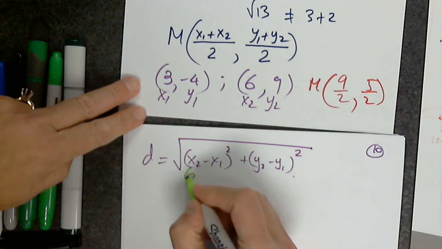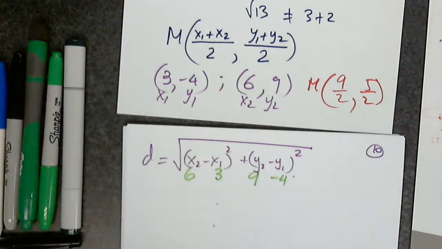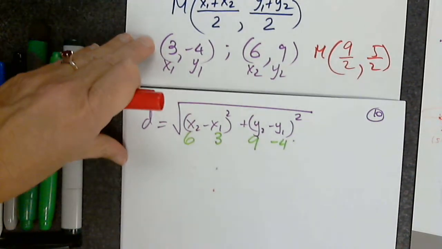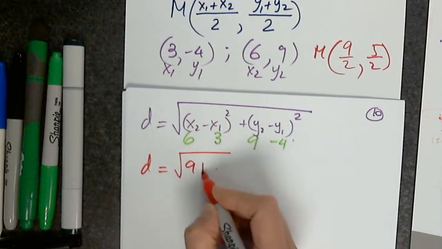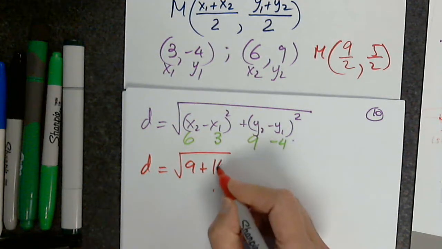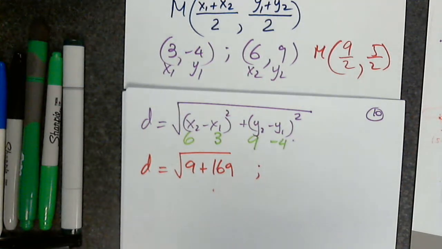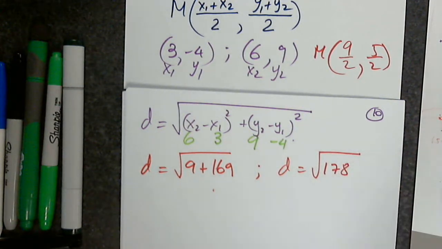So I write 6 and 3. And I write 9 and -4. And then I perform the operations. 6 minus 3, 3 squared. What is 3 squared? 9, plus 9 minus 4, 13. 13 squared, 169. Therefore, the distance equals the square root of 178.